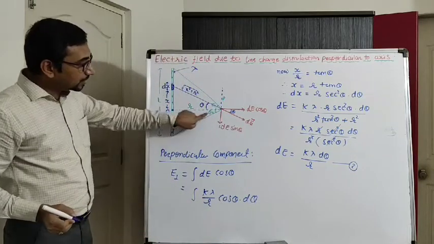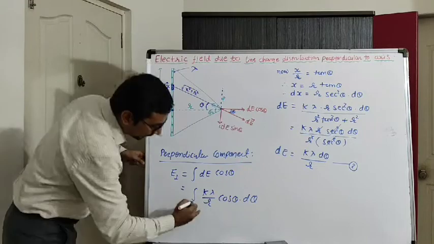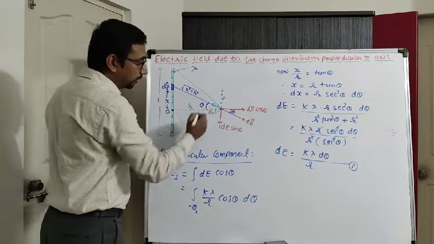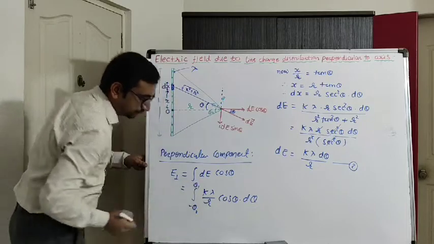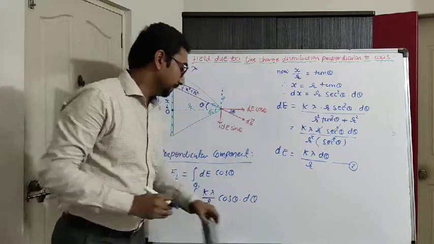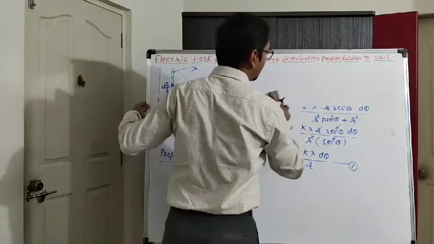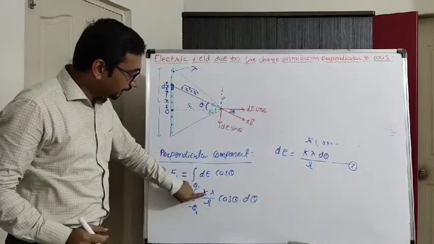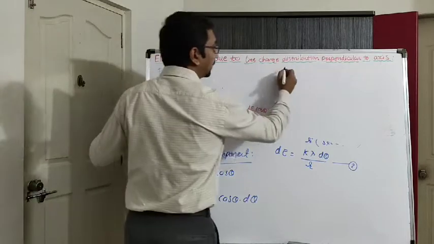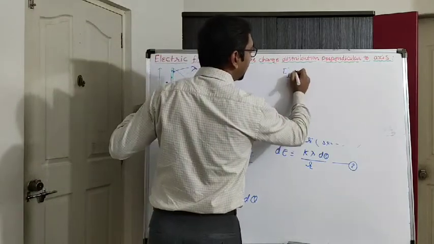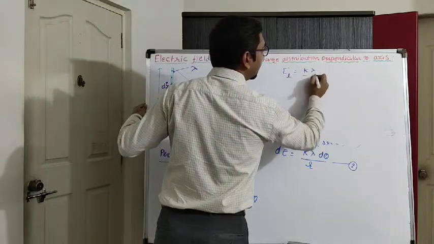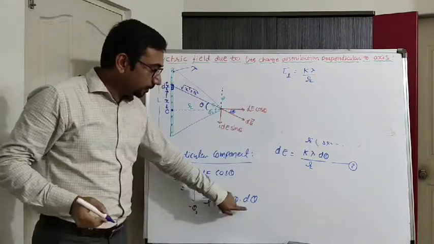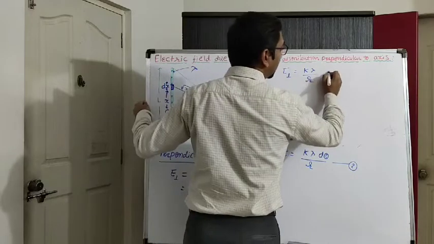Now the limit will start from negative theta 2 to theta 1. So if we integrate this term, here k lambda and r are constant. So E perpendicular is equal to k lambda upon r constant, integration of cos theta into d theta.